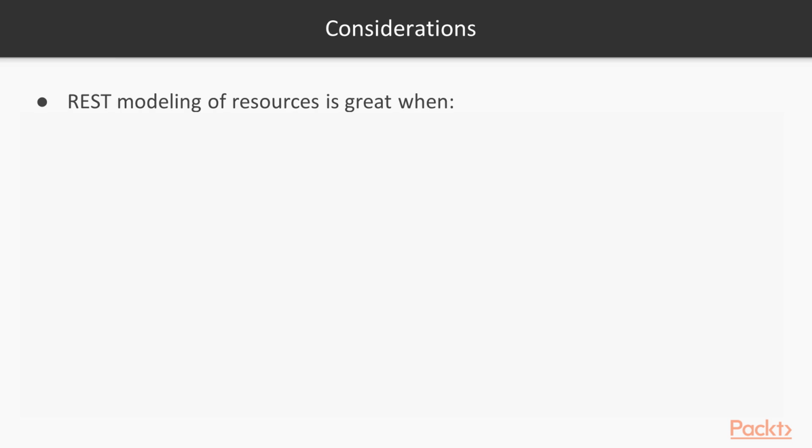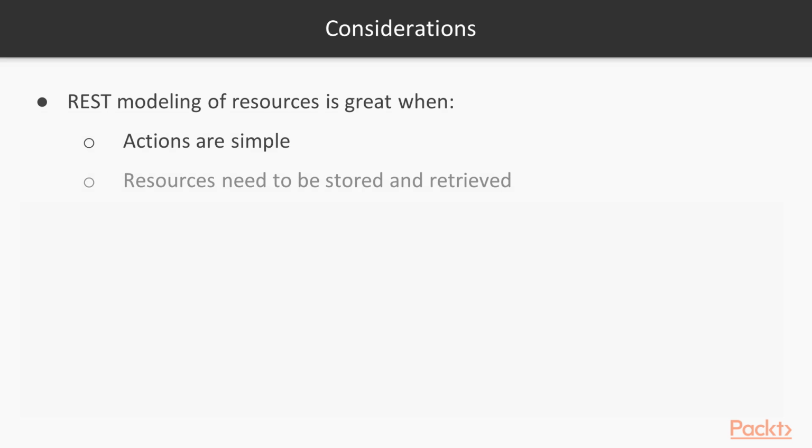But we also need to do some consideration, because REST modeling is great when actions on the resource are simple, and also when the resources need to be stored and retrieved, and the model of management of the resources is just: I put something there, I retrieve this object, I change it, then I update, then I delete, and so on.